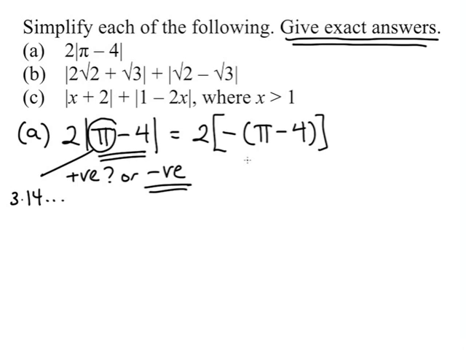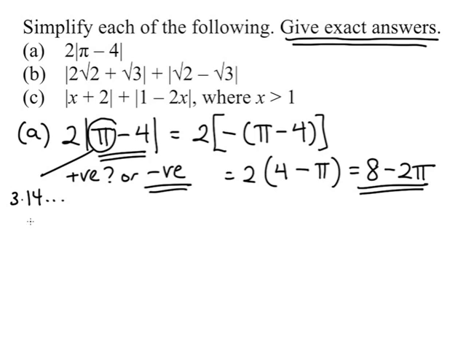This will give us 2 times 4 minus pi, and the final answer will be 8 minus 2 pi.